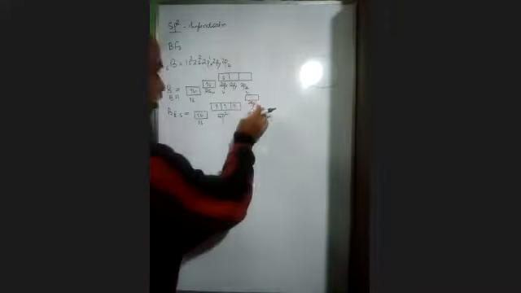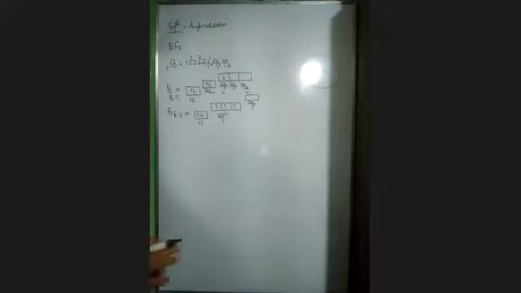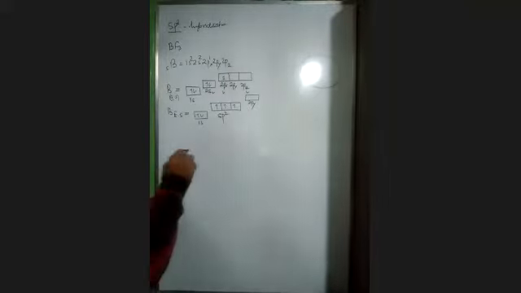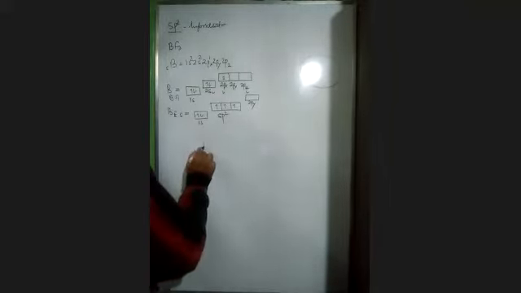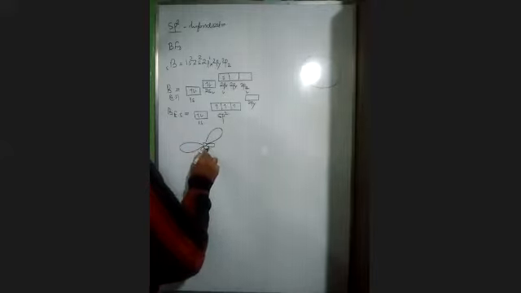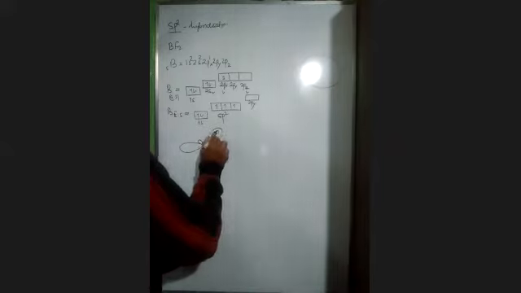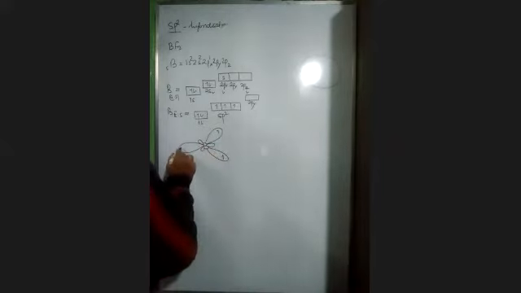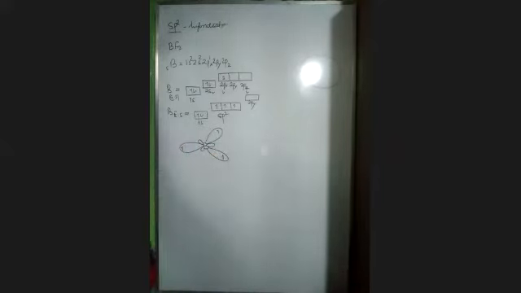As I did not mix the 2py orbital, its energy did not change, its shape did not change. So what will be the orbital diagram? The orbital diagram will be like this. This is the hybridized. We'll have 1 electron here, 1 electron here, and 1 electron here.